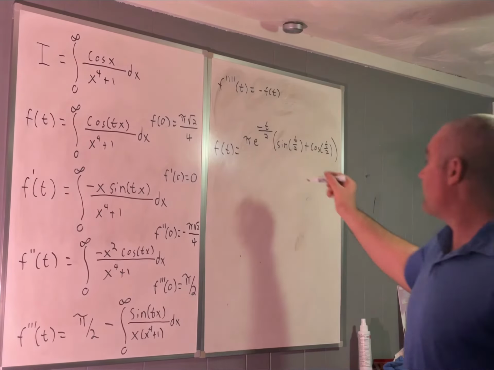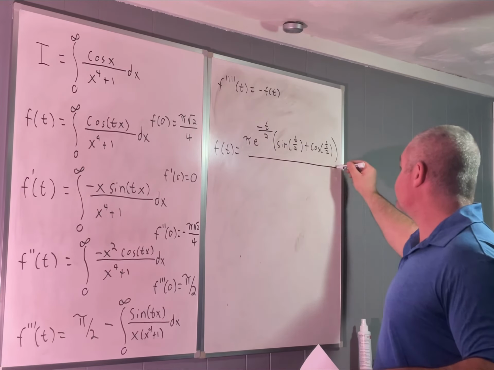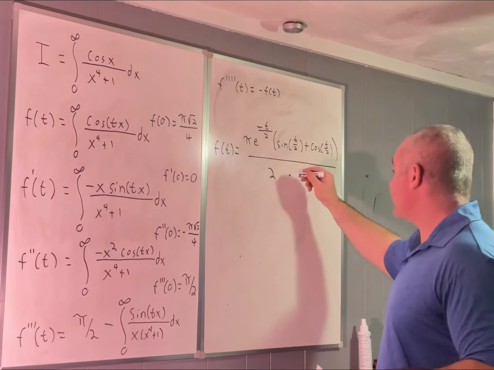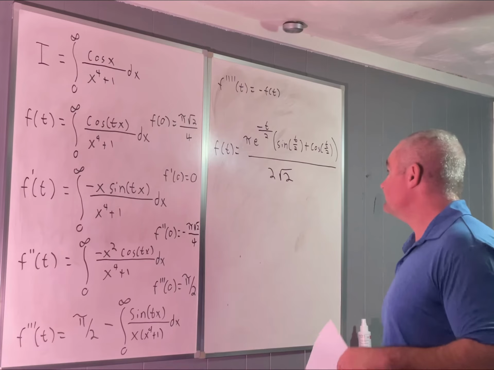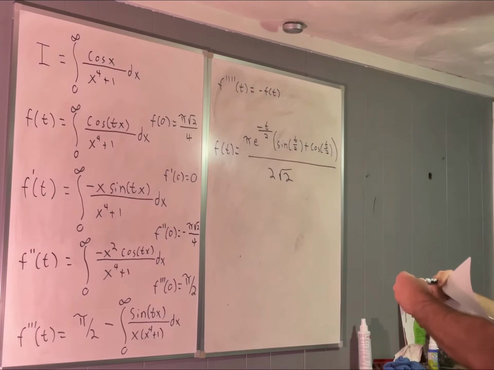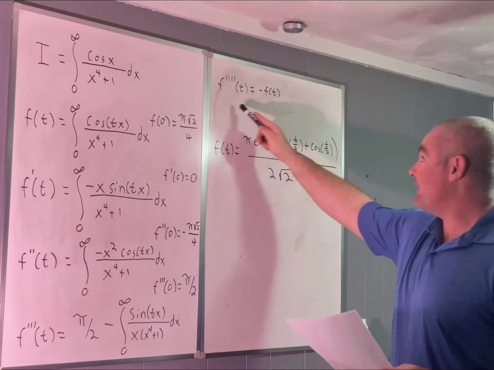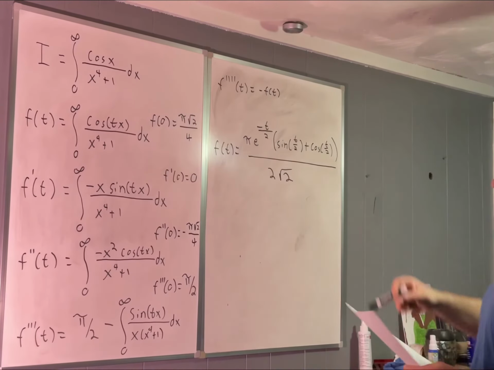And then that is over 2 times the square root of 2. So that's what you get for an f of t given this and all the initial conditions.